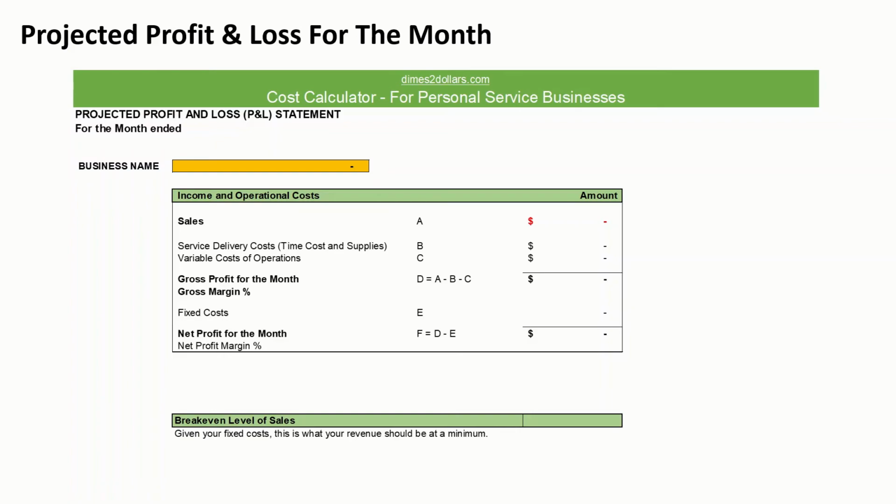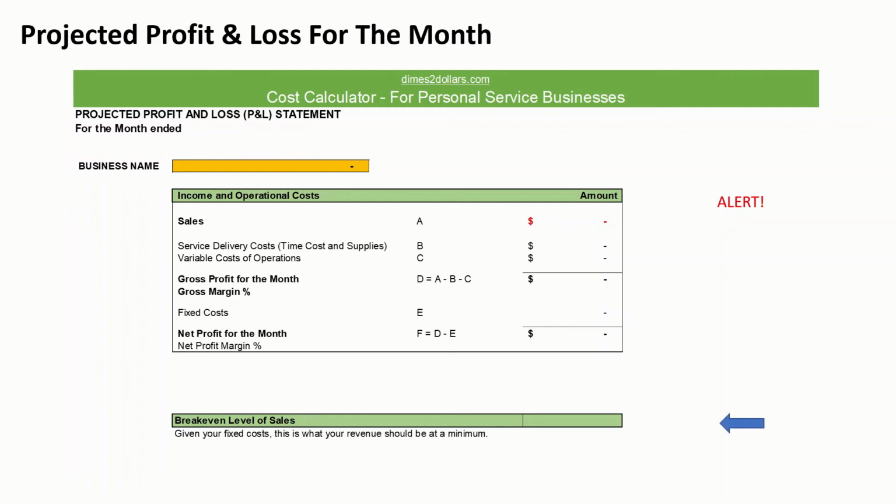Now, the cool thing about the file is we've built in alerts that you will see go off if things aren't adding up or your price is not compensating you sufficiently for the costs that it takes to actually provide the service. As you go through the file, these alerts pop up where numbers don't make sense. So they actually help guide you to making right pricing and business decisions. So that's a cool feature on the file.